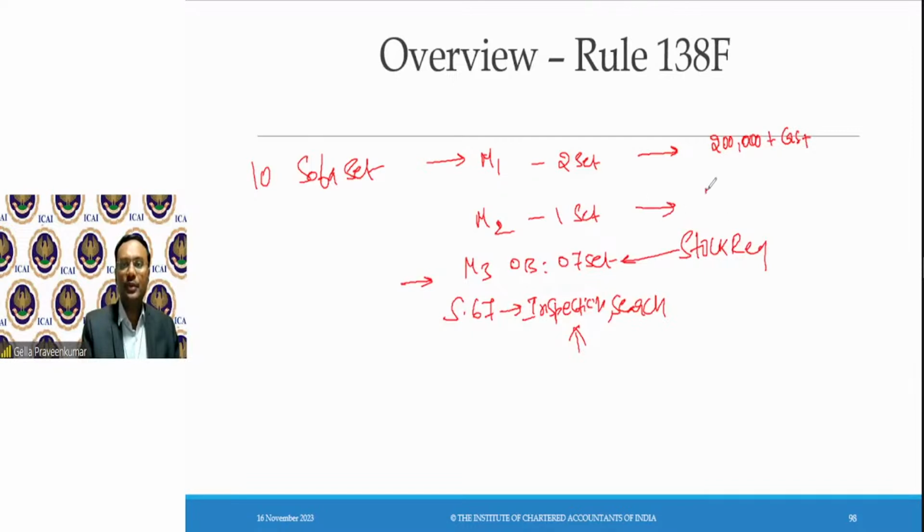In month 2, you sold another furniture for 1 lakh plus GST. Now, when you look at the invoice, it says cost, insurance plus freight, that is door delivery, all inclusive.